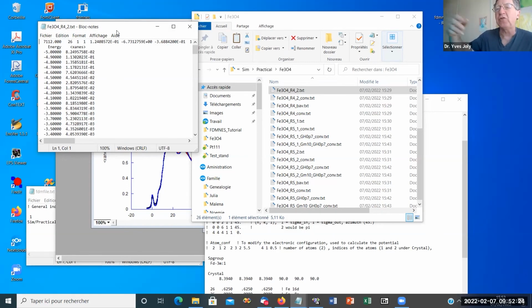If your material is oxidized, you need more energy to go from the core state up to the final state, because the final state is modified, but also because the core state is deeper. So in the simulation, if we want to reproduce that, we also have to consider that the core hole versus the Fermi level is not at the same energy, depending on the oxidation state.